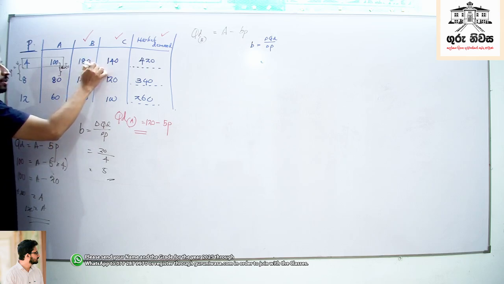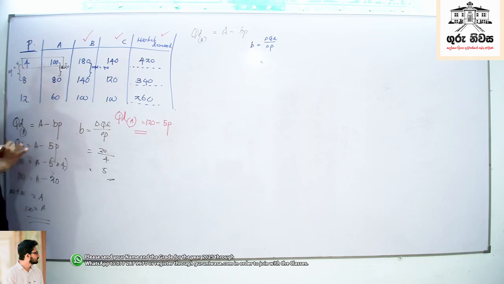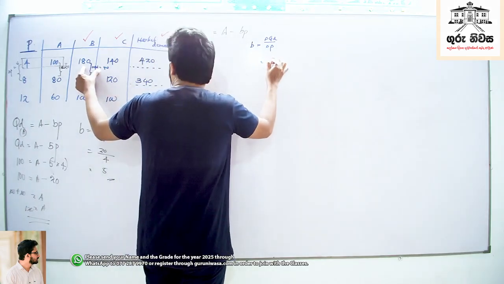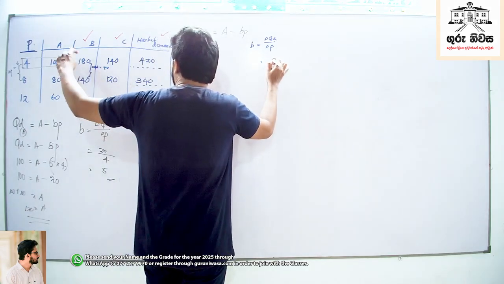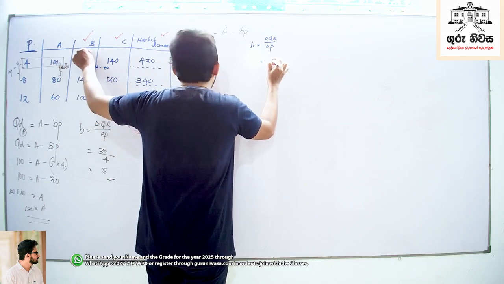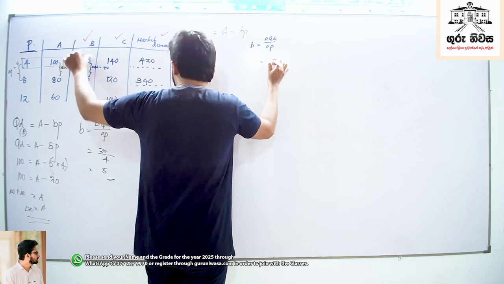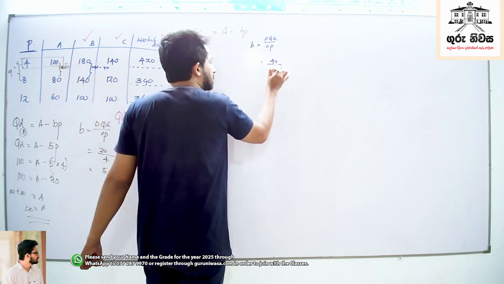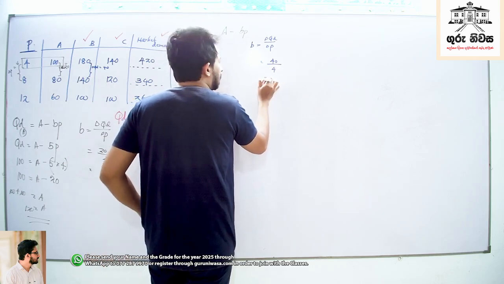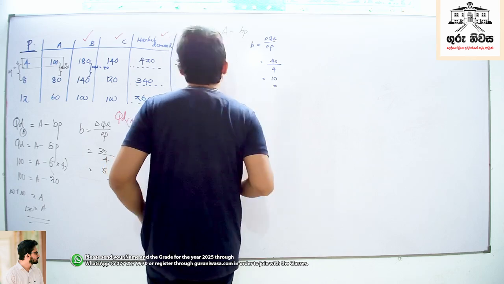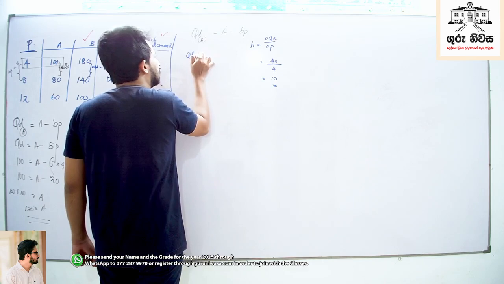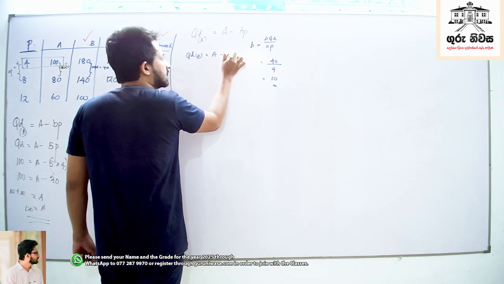Here delta QD equals 40. Here delta P is 4 rupees. So the change in demand in B's column is 40 divided by the change in price, 4. Then it should be 10. Right, then QDB equals A minus 10P.